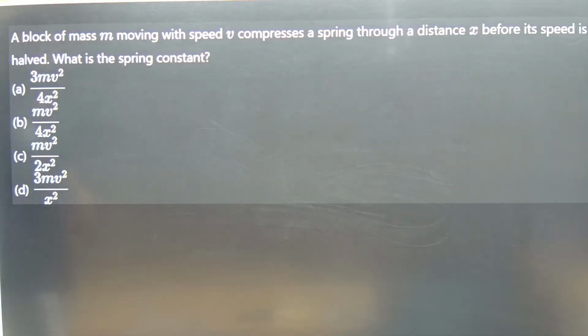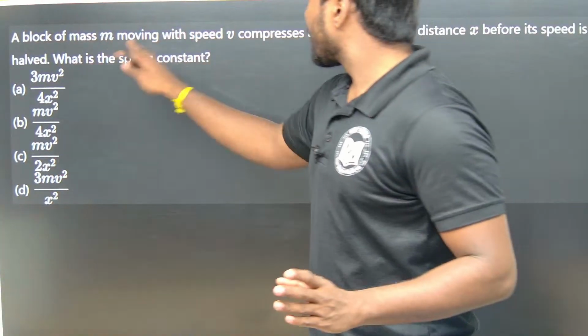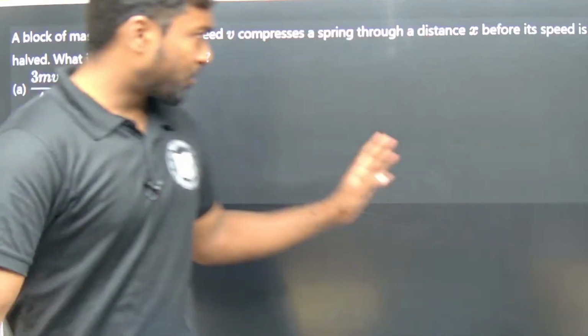A block of mass m moving with a speed v compresses a spring through a distance x before its speed becomes half. What is the spring constant? Initially there is a block moving with speed v, compressing the spring, and then the speed becomes half of it.